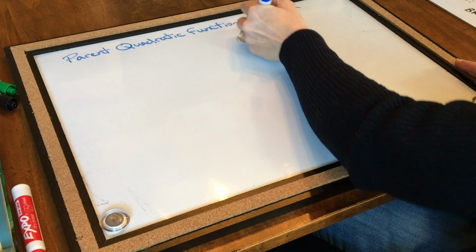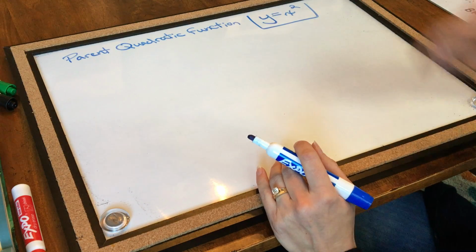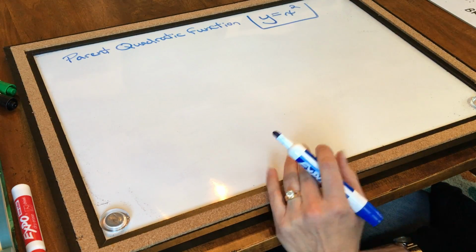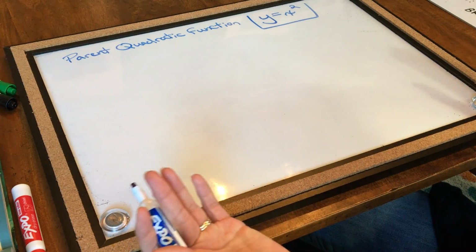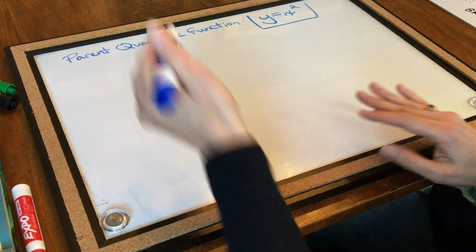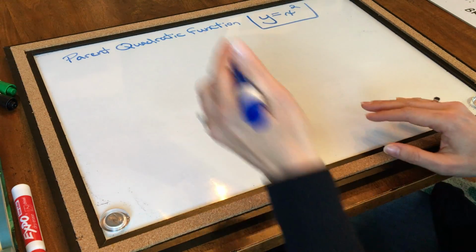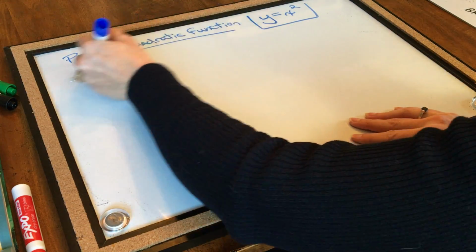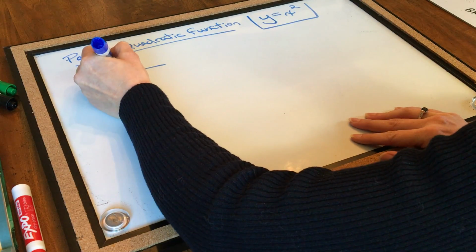So this is our parent. This is the mom or the dad or the parent. This one is the basic function that all the other ones are going to be based out of. When we look at the quadratic function, let's take a look at our parent function. So our parent function is going to look a bit like this.